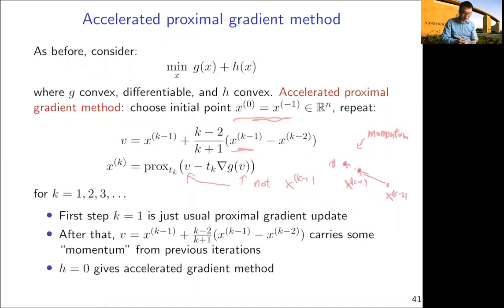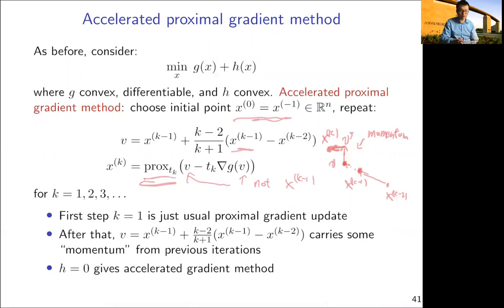So once you're here, you move towards a gradient direction, and then you take the prox. This is v, maybe v prime, and from v prime you take the prox update. That moves you a little bit towards the next location, and that's xk. In the next iteration, you put together xk minus 1 and xk, and then repeat the process. So that's how accelerated proximal gradient works.